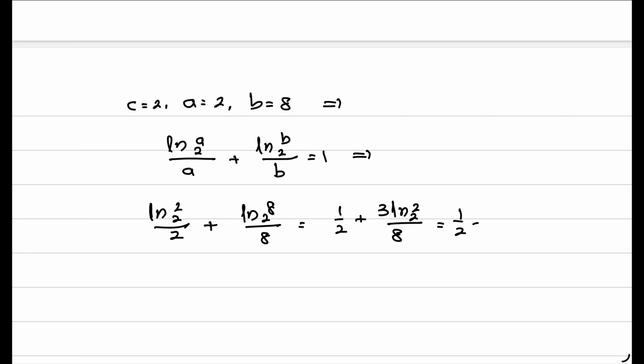That is equal to 1 by 2 plus 3 by 8. This is not equal to 1. There is a fraction.